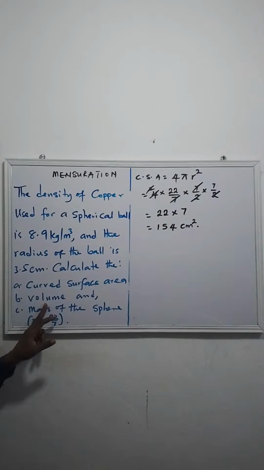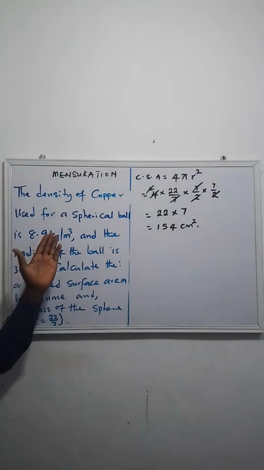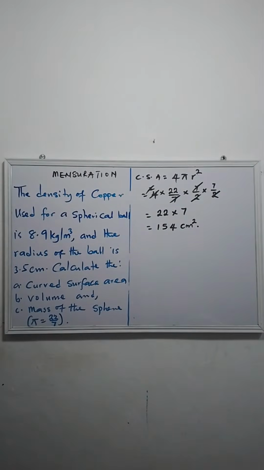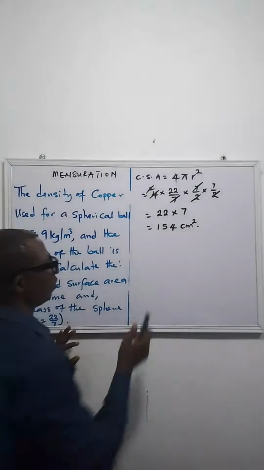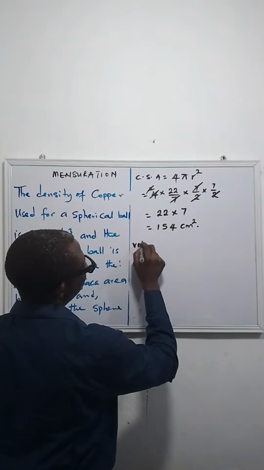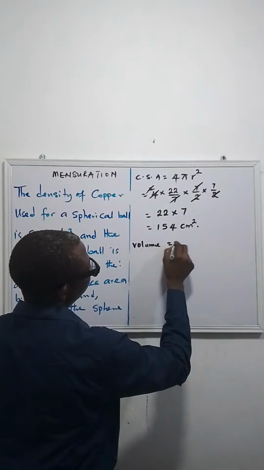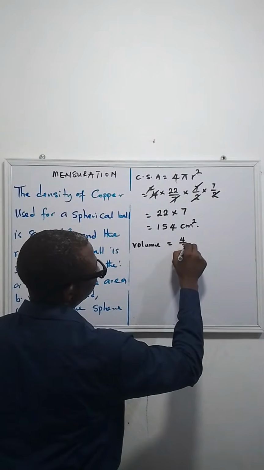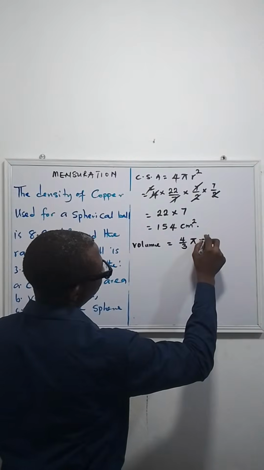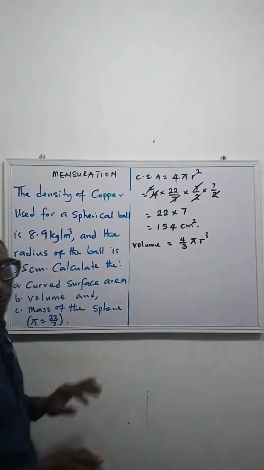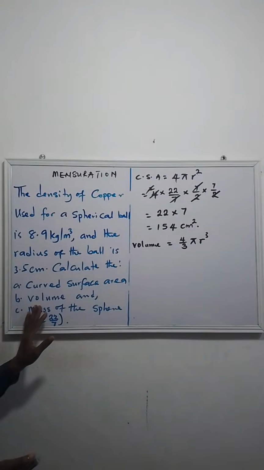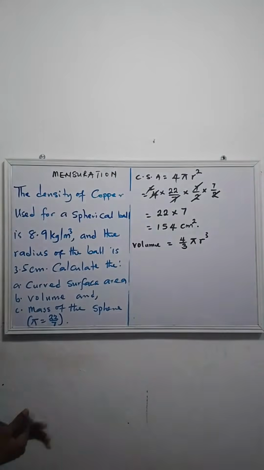You have to get the volume of this spherical ball. Now, what's the formula? Volume is 4 over 3 pi r cubed. That's the formula for calculating the volume of a sphere.